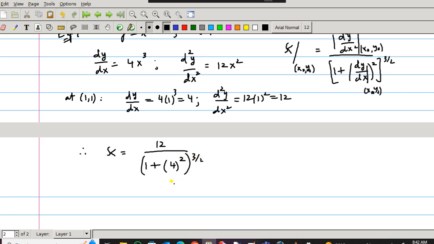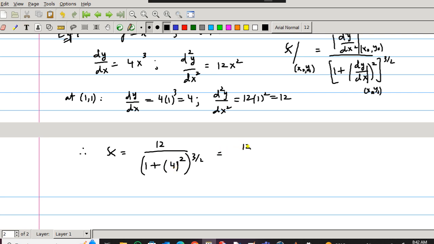So see, this becomes a little easier. Instead of putting 4x cube and 12x square here, and then putting the value, it's easier to just replace the values first and then put those values in the formula.